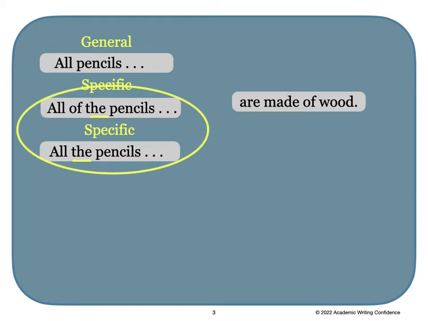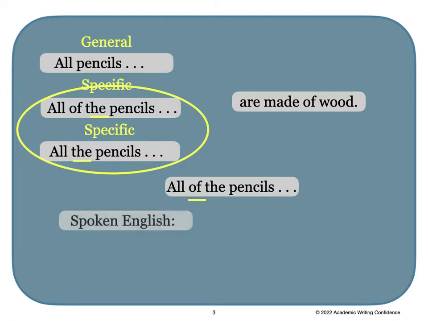So what's the difference between the two sentences, all of the pencils are made of wood, and all the pencils are made of wood? All of the pencils, which includes the preposition of, is the correct grammatical way to talk about specific plural nouns.